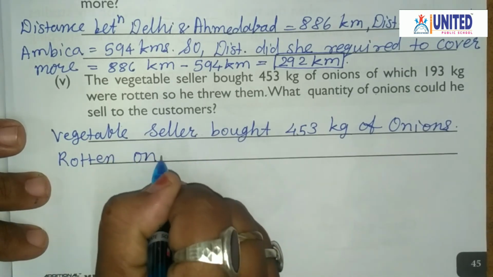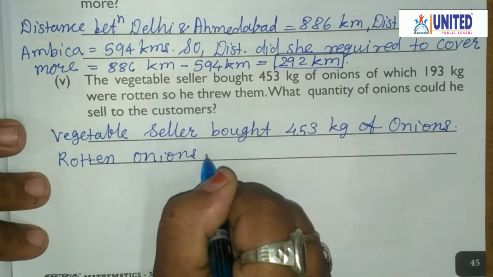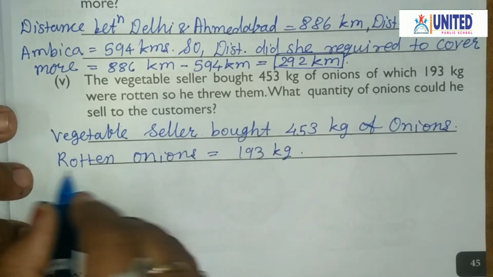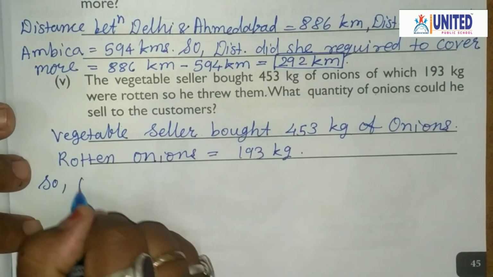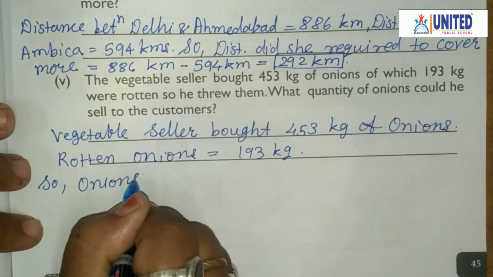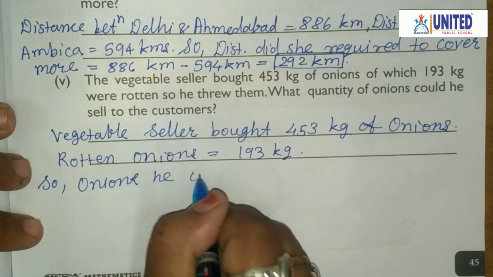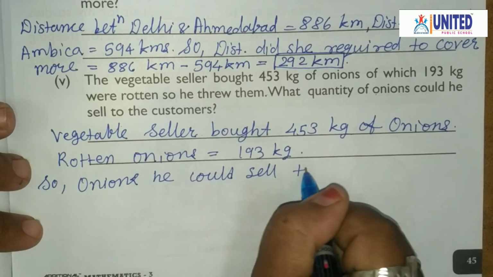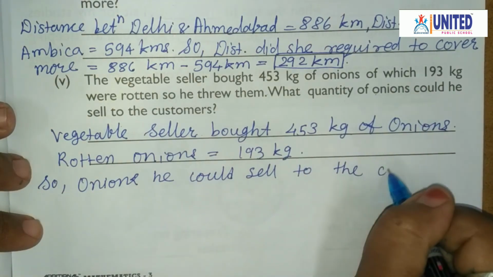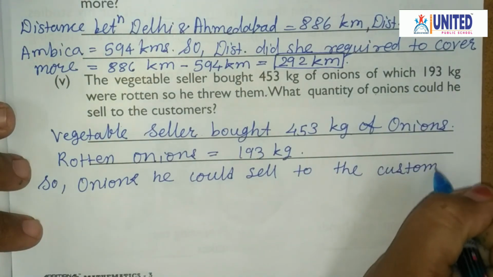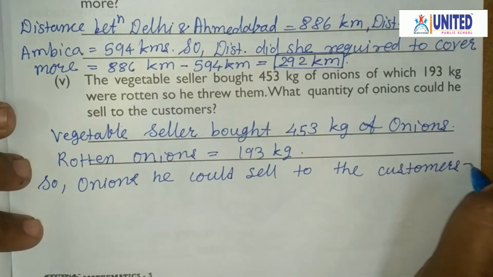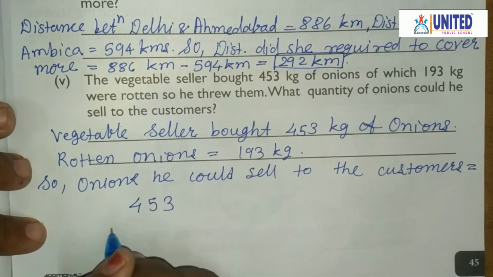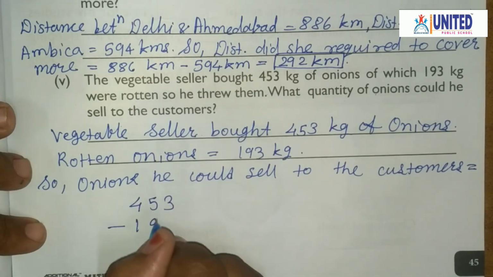So rotten onions is equal to 193 kg. So onions he could sell to the customer is equal to 453 minus 193.